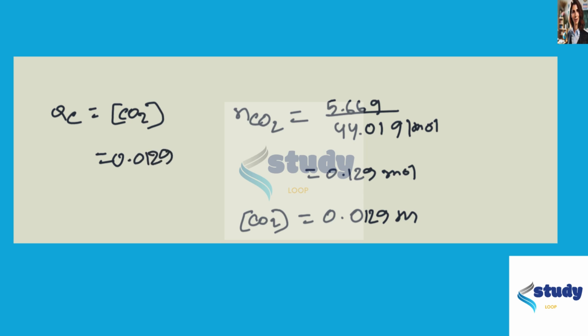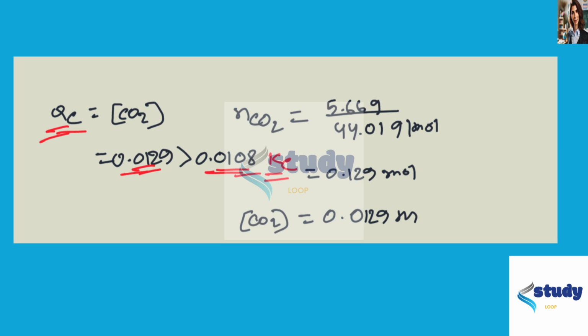Again, if we compare this value with the Kc value, you can see that it is greater than the Kc value, which is 0.0108. That means in this case our Qc value is greater than our Kc value, so as the reaction approaches equilibrium, we need to decrease the value of Qc to reach the value of Kc.